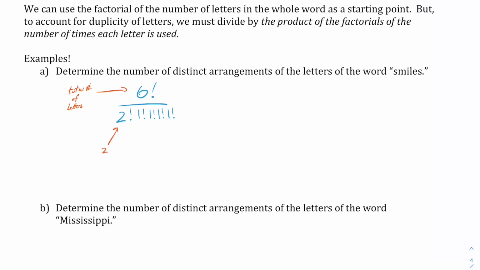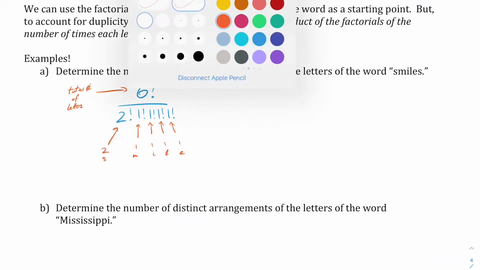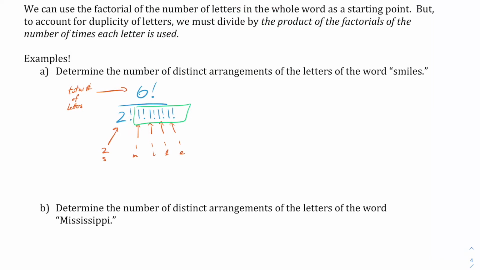So we have 2 S's, and we had 1 M. This was because we had a single I. This was because we had a single L, and this was because we had a single E. So again, we don't have to write in these ones, the 1 factorials. They don't change anything.